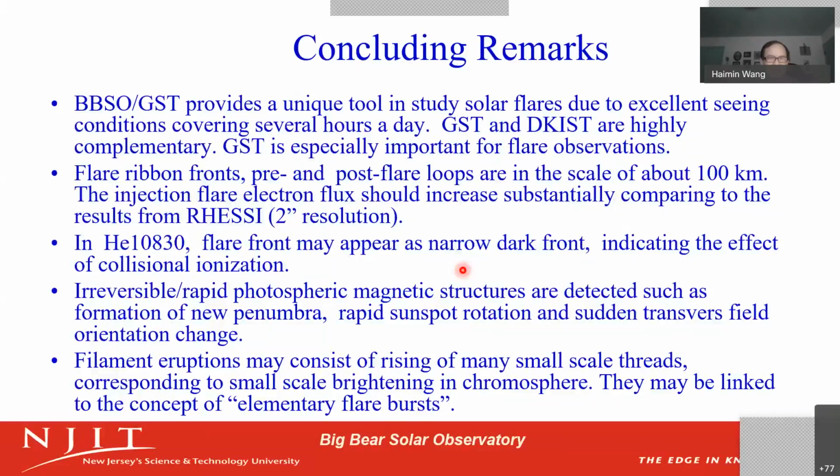And in 10830 and also D3, we do detect negative flares. There's a very narrow dark front that can be explained by modeling as well. And the fourth item is we do find an irreversible rapid photospheric magnetic structure change, and the one I show is a rapid sunspot rotation in our observation.